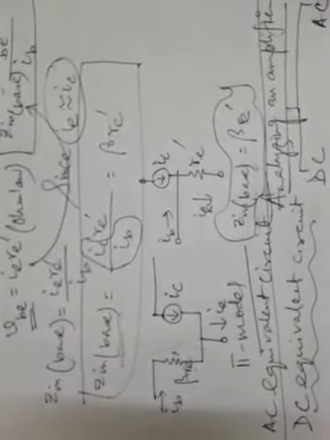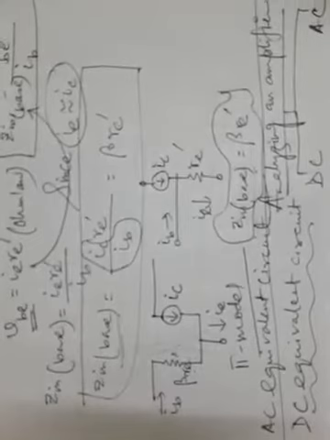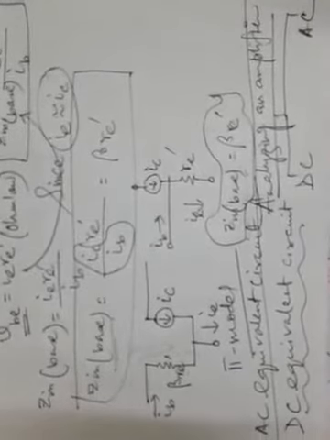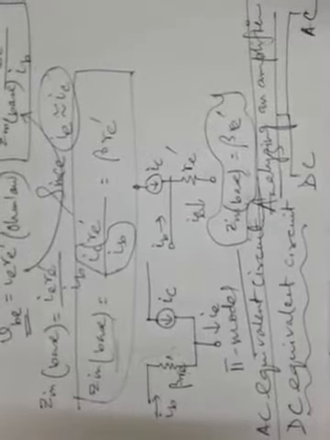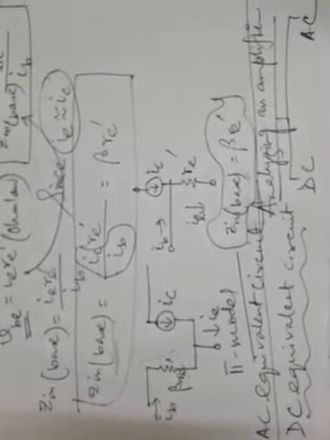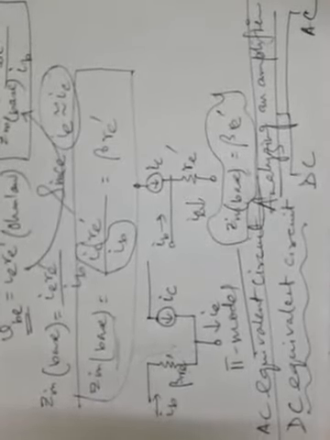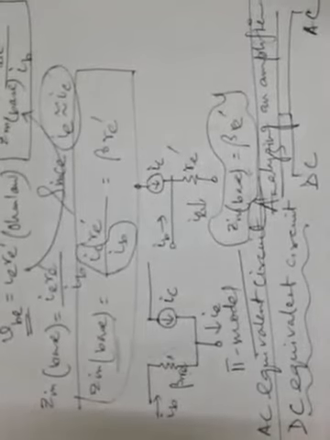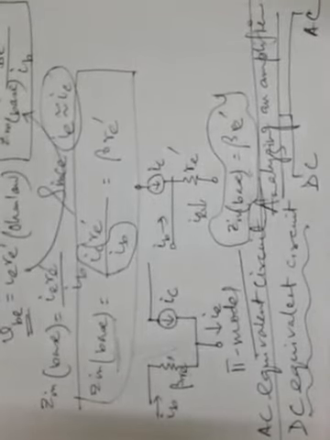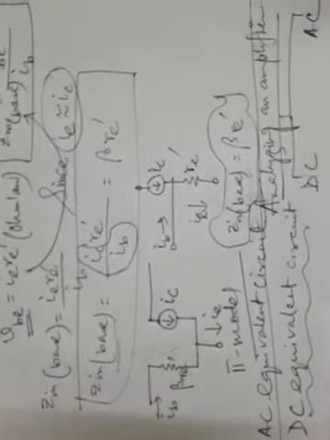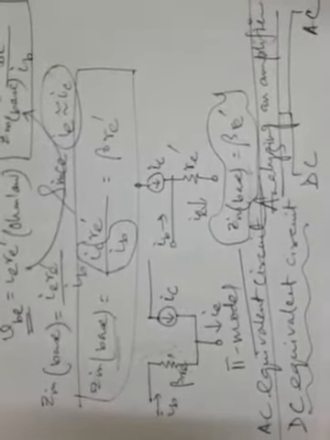In the DC analysis we calculate the DC voltages and currents, and for doing this all the capacitors present with the transistor amplifier will be kept open. That means they will be considered or mentally thought of as open circuits, because you know that for DC operation capacitors will block the DC signal and nothing will be allowed to pass.